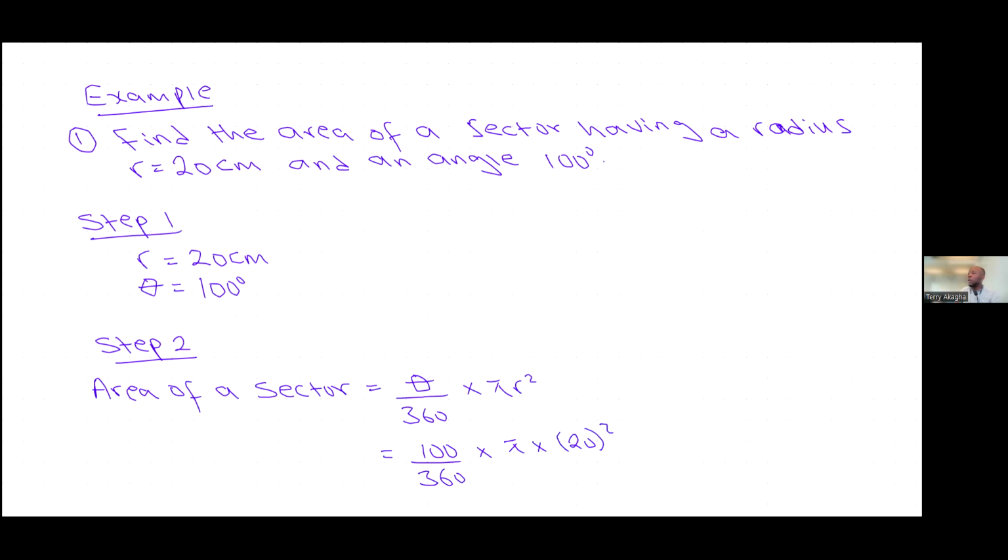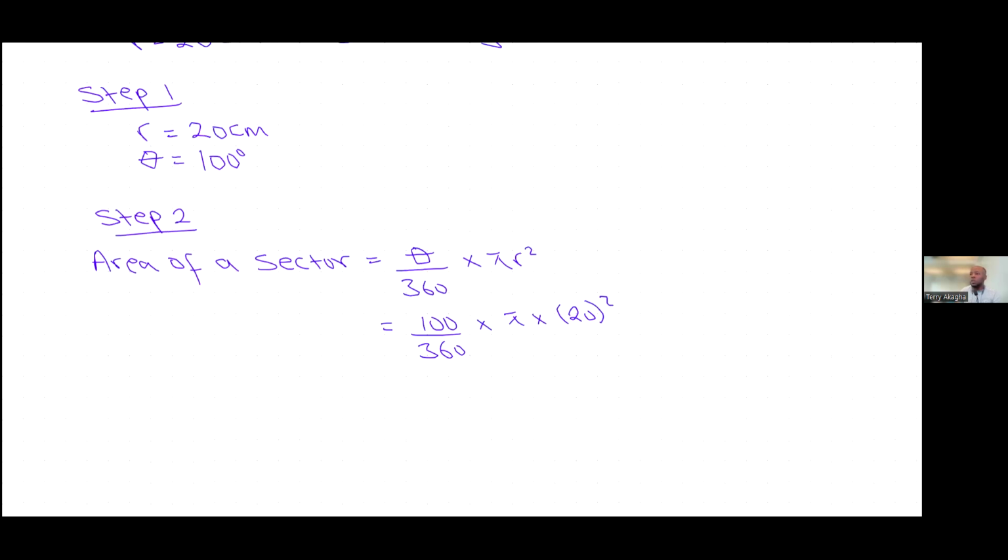Then step three, you just punch it into the calculator. Your answer should be 1,000 divided by 9 pi centimeters squared. Or in decimals, it should be 349.07 centimeters squared.